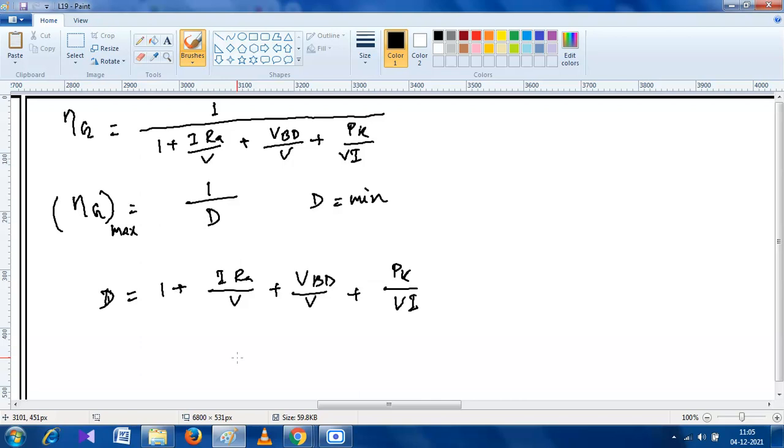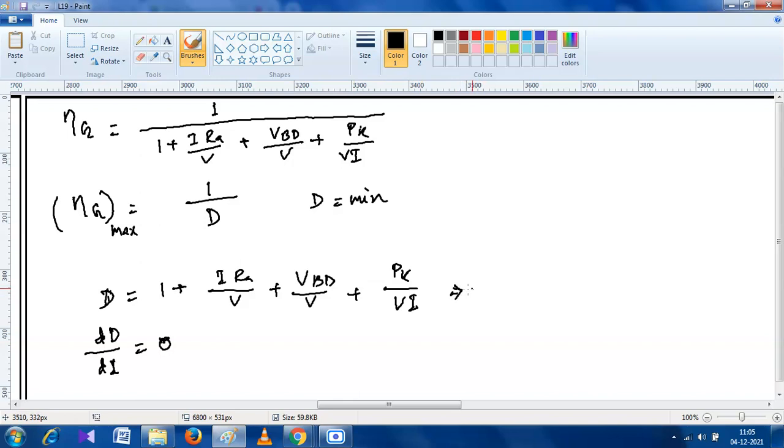When this D becomes minimum, the condition should be that the first derivative is 0.